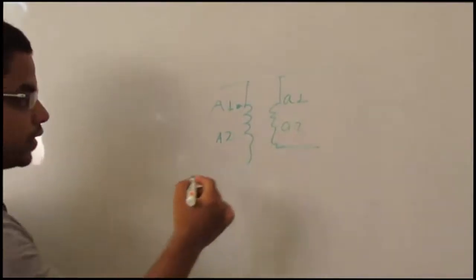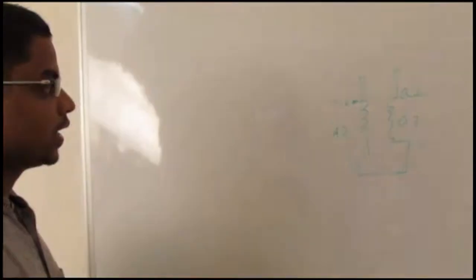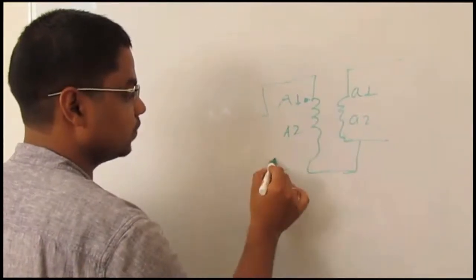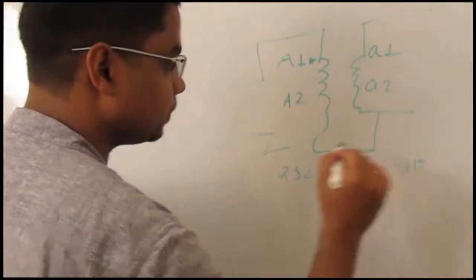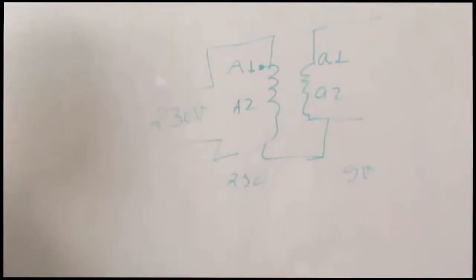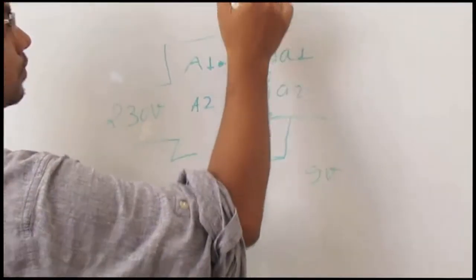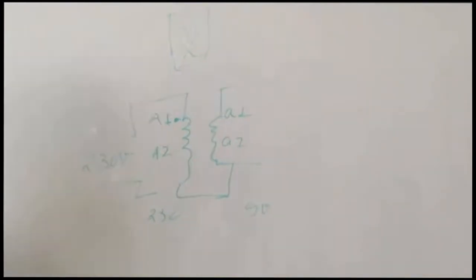So what I will do is short these 2 points and apply a voltage. Say this transformer has a voltage rating of 230 to 9 volt, and I am applying 230 volt here. Now I will take one multimeter and take two readings.